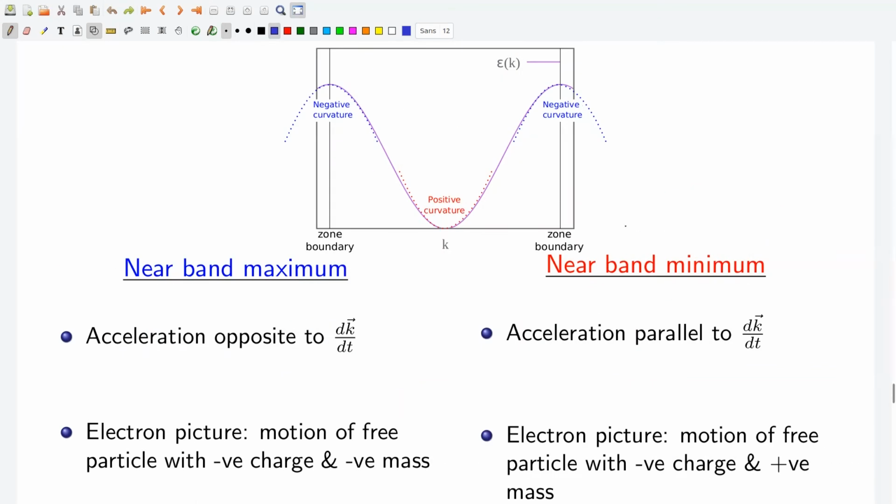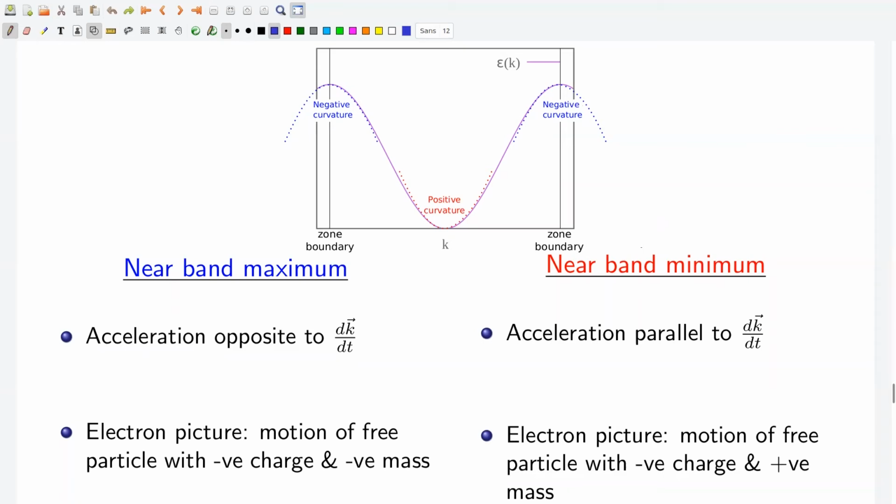Let me quickly summarize what I have done so far. In case of free electrons, if we apply some external field, the acceleration is parallel to dk dt. However, in case of Bloch electrons, this is not necessarily true.